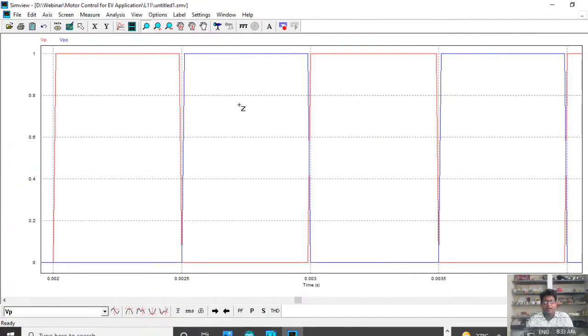Both the pulses never coincide with each other. They cross only at a particular position, just for a moment. So my dead time is generated, and you can set your dead time accordingly.